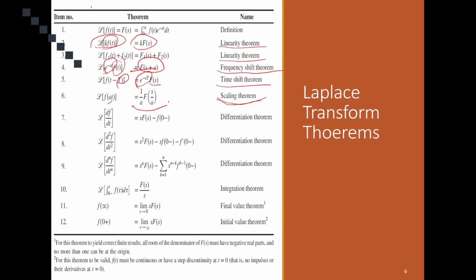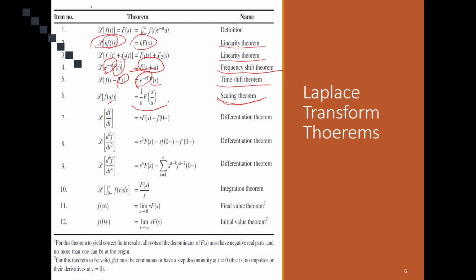Now, think about it. You are multiplying the time by a. What does that mean? That means you're changing the frequency and basically shrinking the vibration. Does that make sense? So now s is divided by that a coefficient. It's shrinking the frequency.